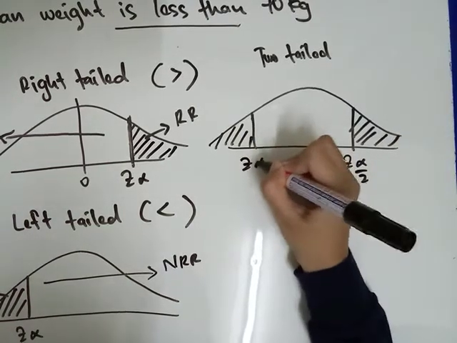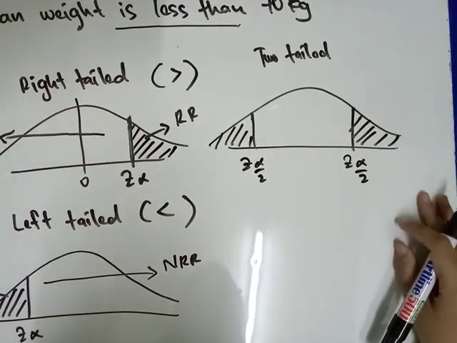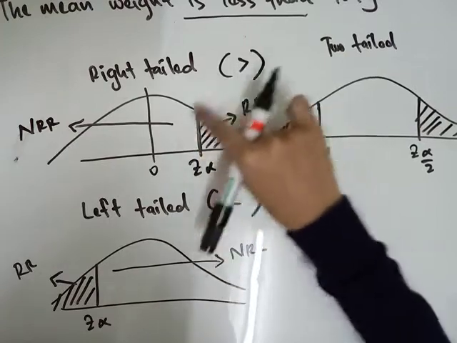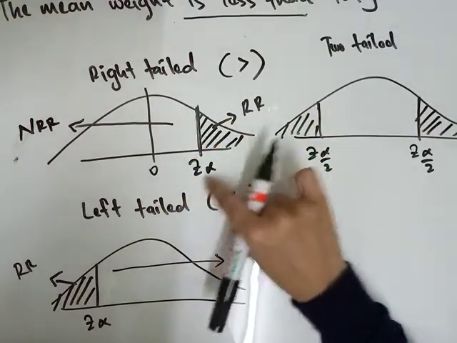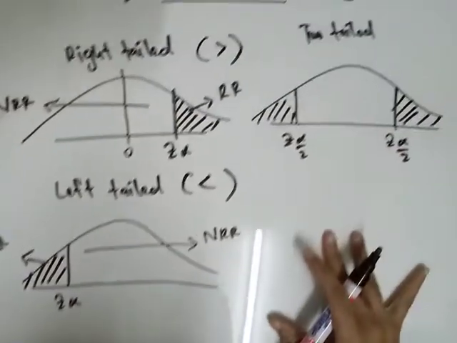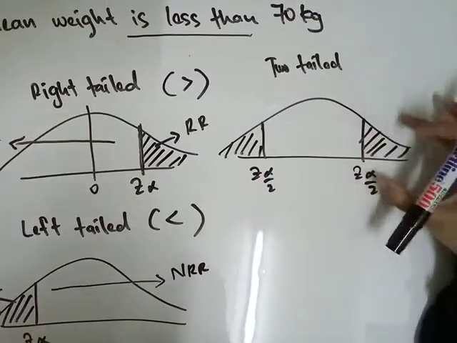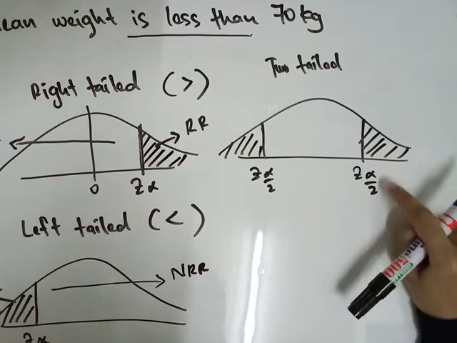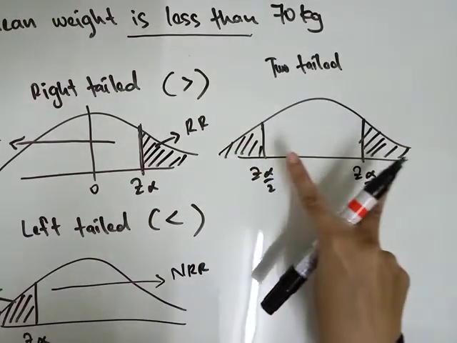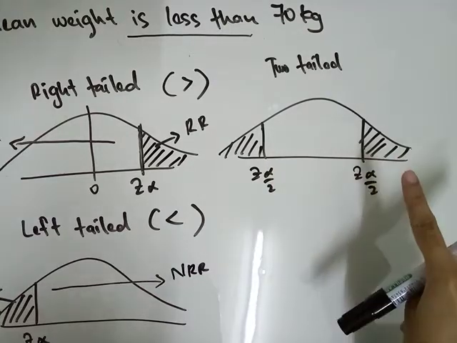This one also alpha divide 2. Kalau sebelum ni kita only test the right tail, right? So Z alpha. This one left tail, so Z alpha also. But this one two tail, we need to test two tail of the area. That means we need to divide 2, sebab dia ada dua two tail that we need to test of the area.